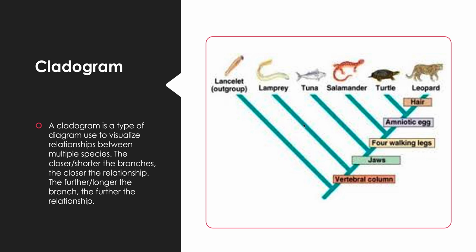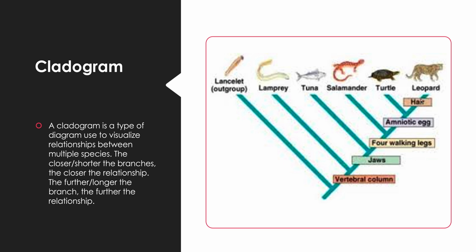So that's where its similarities end, so we draw its branch there. It's more related than the lancelet, but less related than, say, the tuna. Because now the feature we're looking for is who has 4 walking legs. Everything above this point has that feature. The tuna does not. That's where its journey ends, and we draw its branch. And it keeps going.